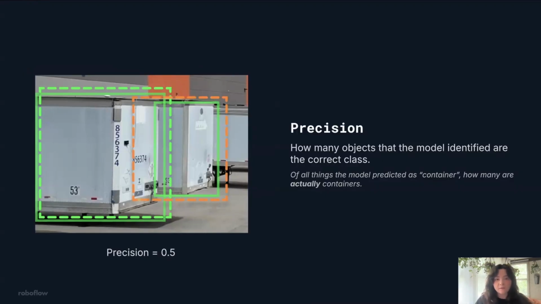Versus if there's a misclassification that occurs, the precision drops to 0.5 because the model didn't correctly see all the containers. And then additionally, if there's a false positive or an extra instance of a class detected where there's no ground truth label, that also makes the precision decline because there's no ground truth label there and it's not actually considered a container. This might be a labeling error, but it drops precision regardless.